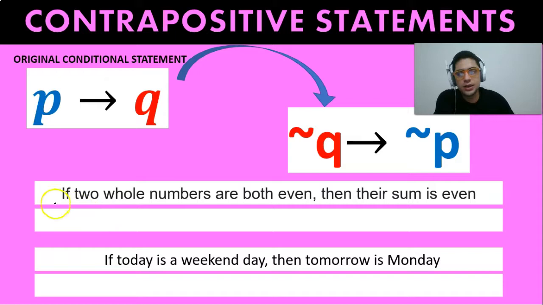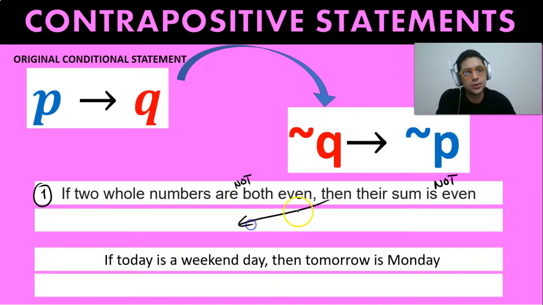So we have the same two examples, right? If two whole numbers are both even, then their sum is even. So then we're going to see the not and the not here. And then we're going to switch this one to this side and this one to this side.